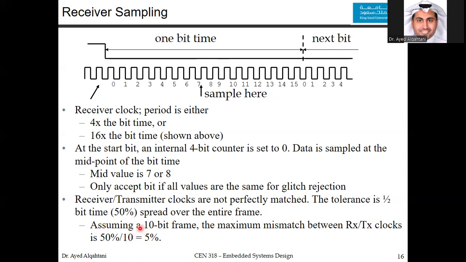Assuming we are using the 10-bit frame, the maximum mismatch between the RX receiver and the transmitter clock is this 50% for a single bit divided by 10 bits, the whole frame, which equals 5%. You could have this mismatch.